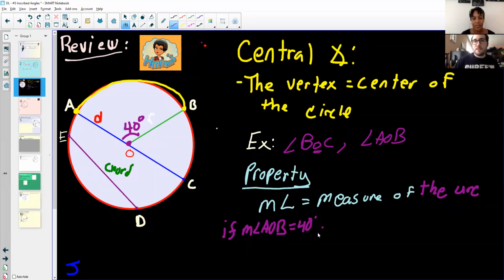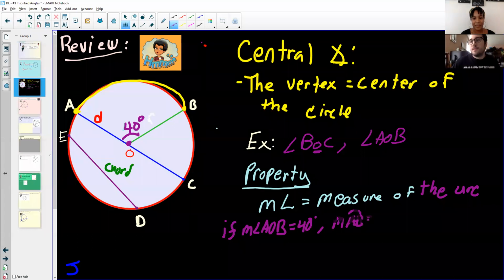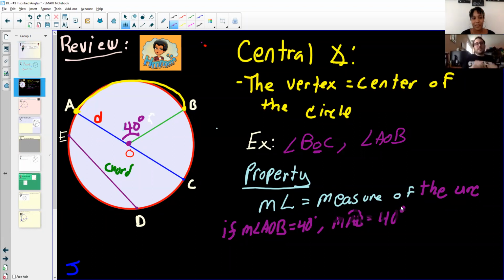Isn't it also 40 degrees? Perfect. Then the measure of arc AB is 40 degrees too. When the central angle is equal to the arc, they're equal to each other.